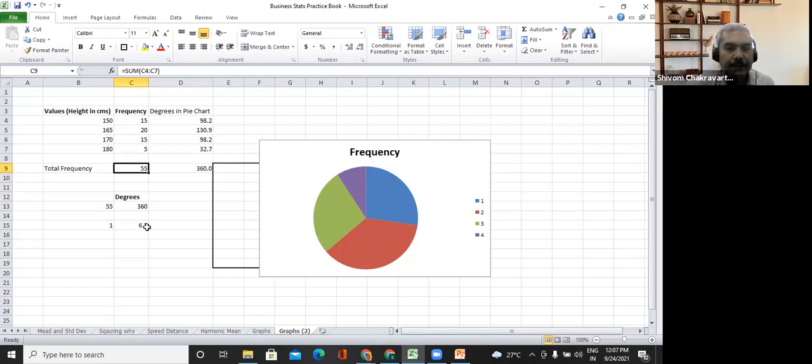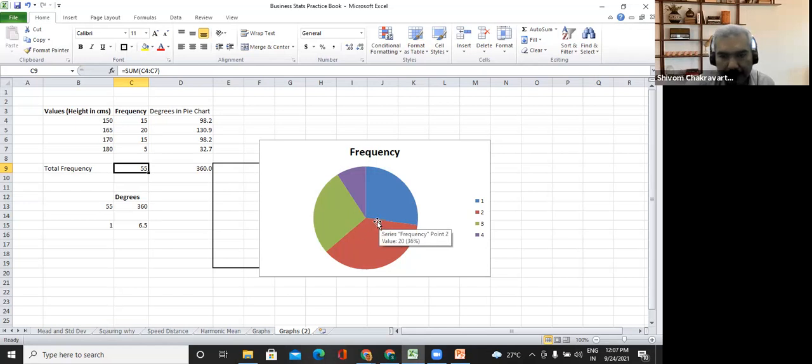When we take a reference line from the center, this vertical line we are taking as reference. From there, for this 150, we are drawing 98 degrees. So this portion represents 150. Then from the end of this portion, we are drawing 130 degrees.